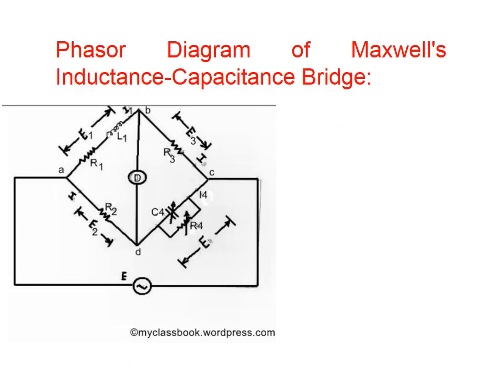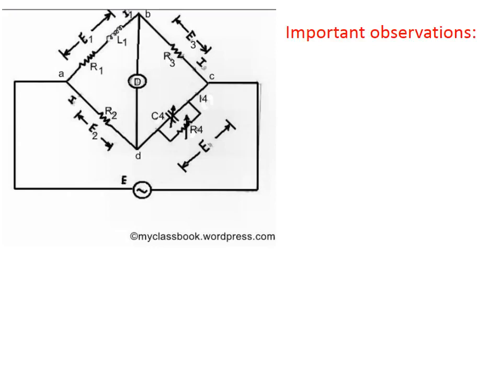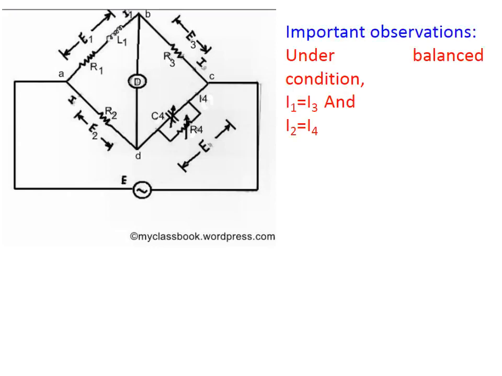Now we will make an attempt at drawing the phasor diagram for Maxwell's inductance capacitance bridge. Important observations in this bridge are: under balance condition, current I1 equal to I3 and current I2 equal to I4.